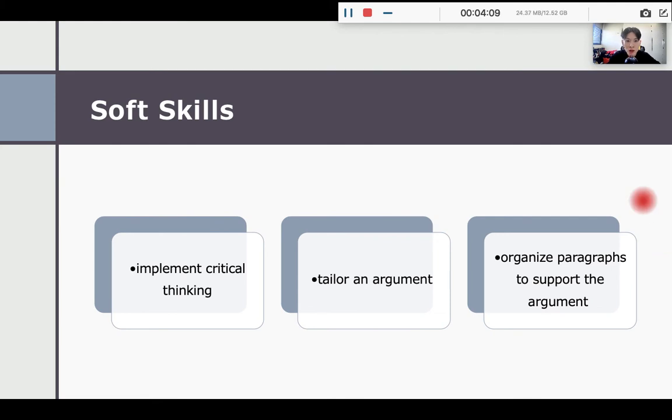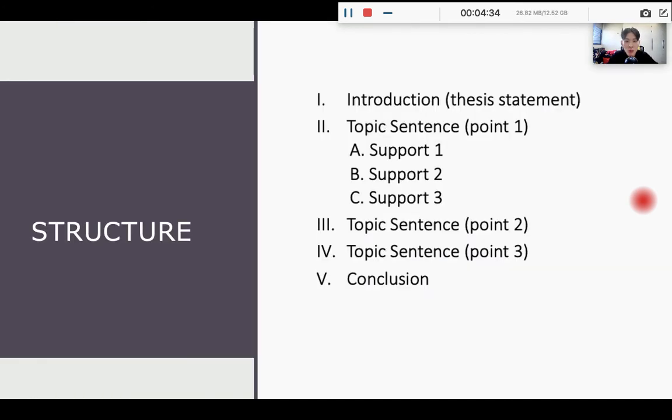Okay, so the main distinction between hard skills and soft skills is hard skills can be developed through memorization, but soft skills cannot. They must be developed through experience, which means practice is crucial.